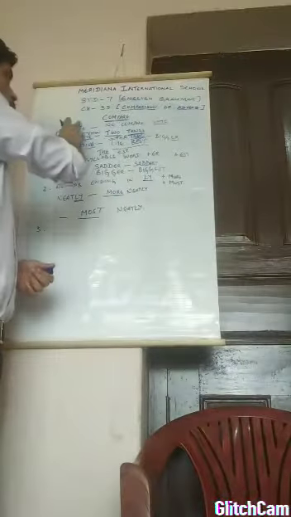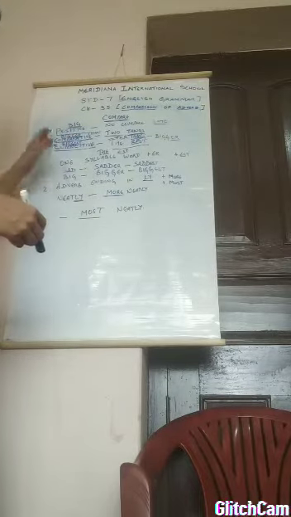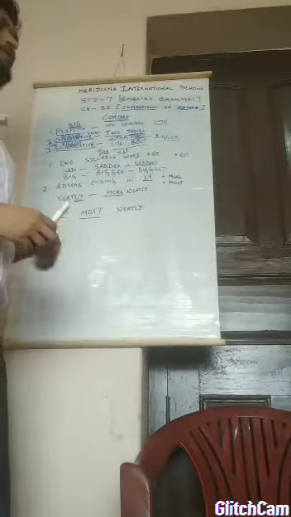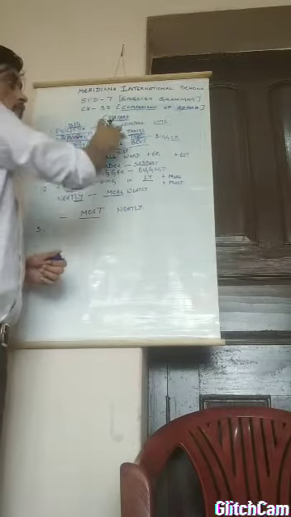So let's go ahead with our three comparisons that we have. One is the positive comparison, the comparative comparison, and then we have the superlative comparison. Now when I talk about the positive comparison, there is no comparing. You don't compare anything.